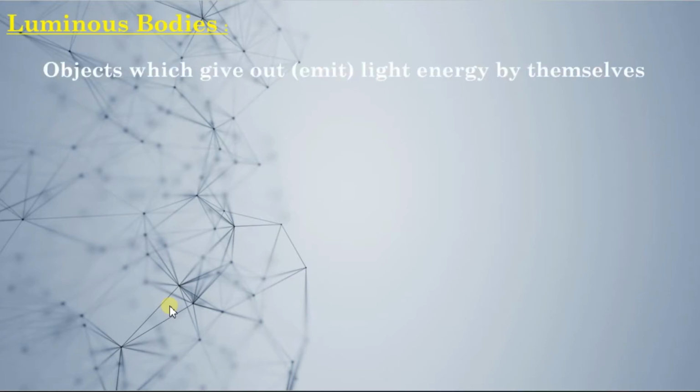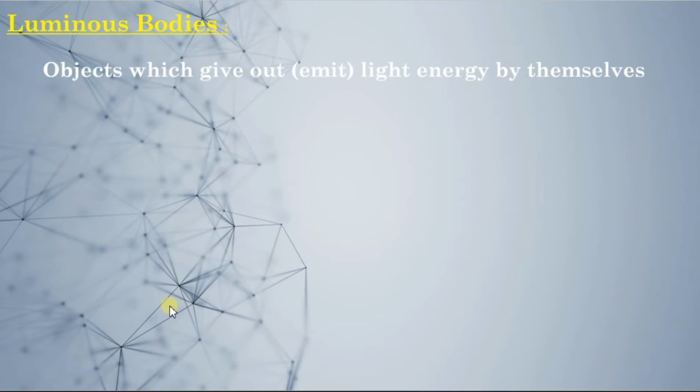Let us see the actual definition of luminous bodies. Objects which give out or emit light energy by themselves are called luminous bodies. That is, the sun can give off its own light. It's not going to depend on any other thing. The stars too give off their own light, they don't depend on other things.